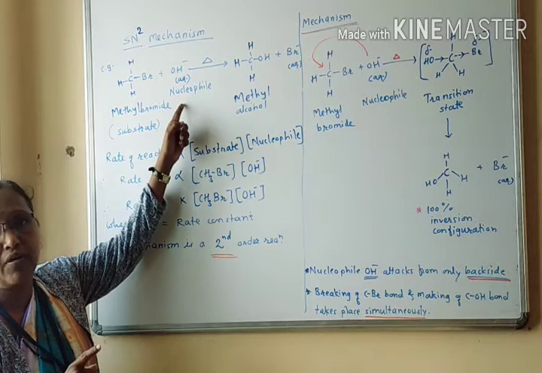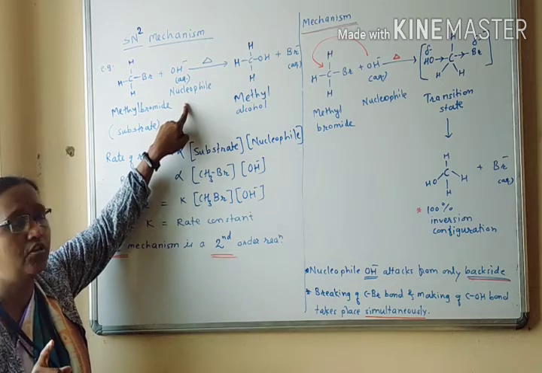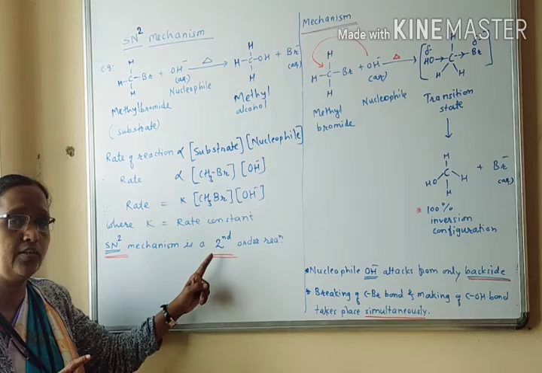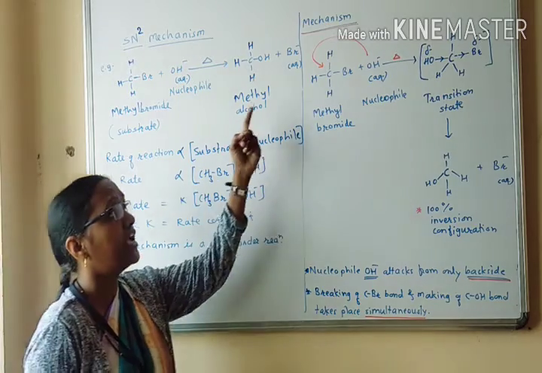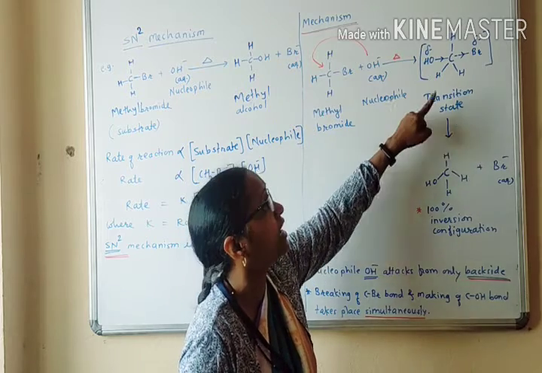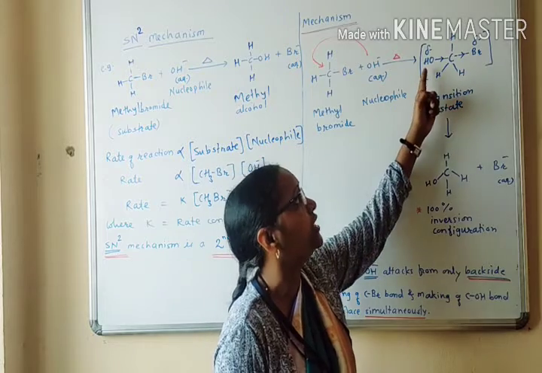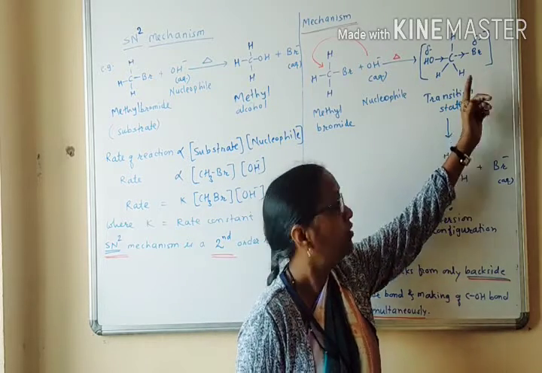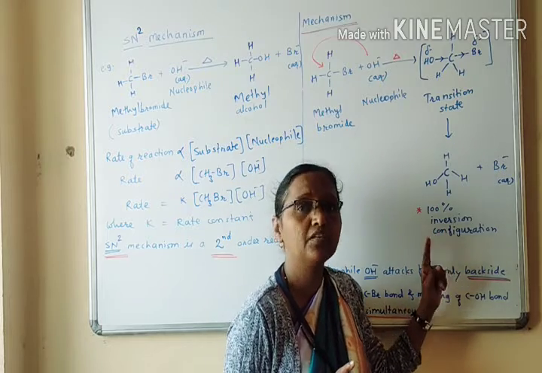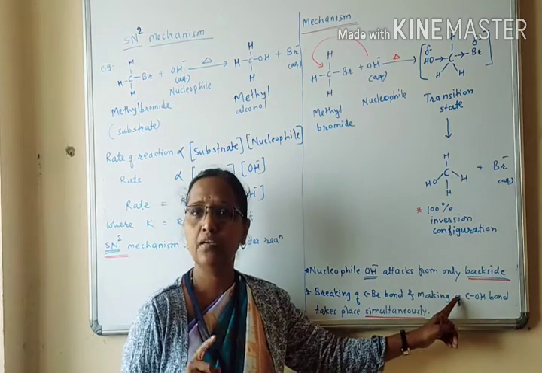The nucleophile OH minus is required. The solvent must be polar. SN2 is a second order reaction. The reaction takes place in only one step. There is a transition state in which the carbon atom is pentavalent and there is a partial negative charge on OH and Br. Only 100% inversion of configuration takes place because the nucleophile OH minus attacks only from the backside.